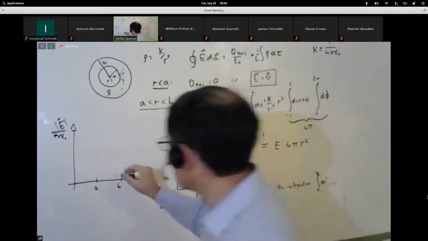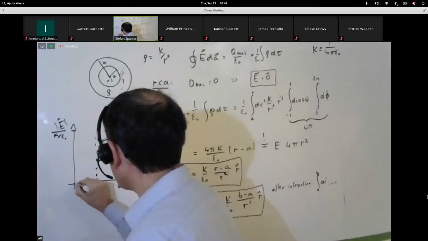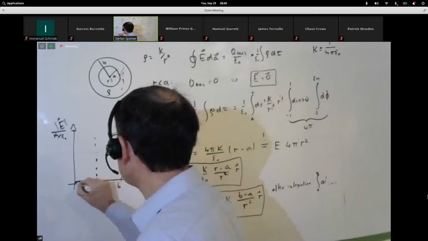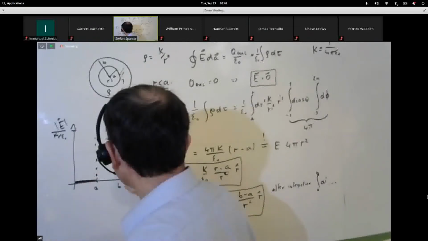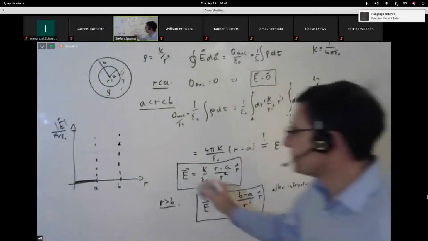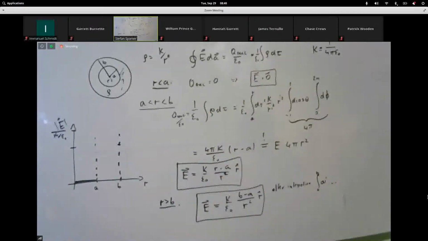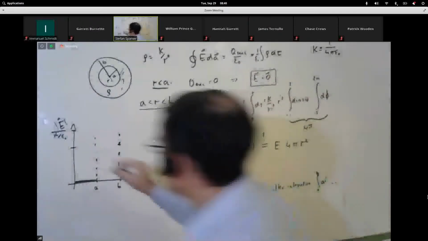Then I know also that, okay, that's the trivial part. It's 0 here. At b, it reaches a value, and we know actually the value. And you just plug it in. And this is b minus a over b square.